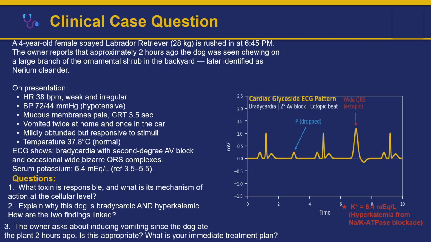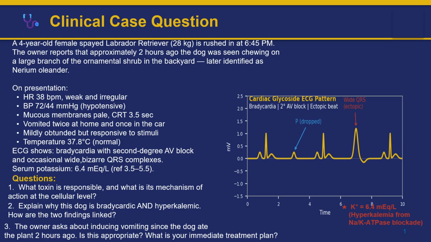Bradycardia management. Atropine IV as first line for bradycardia due to increased vagal tone from glycoside toxicity. Dose: 0.02 to 0.04 milligrams per kilogram IV. If atropine is insufficient, consider temporary cardiac pacing.